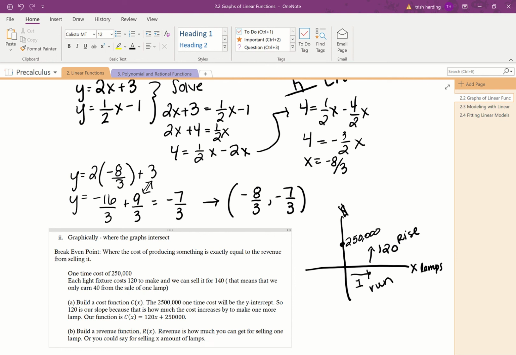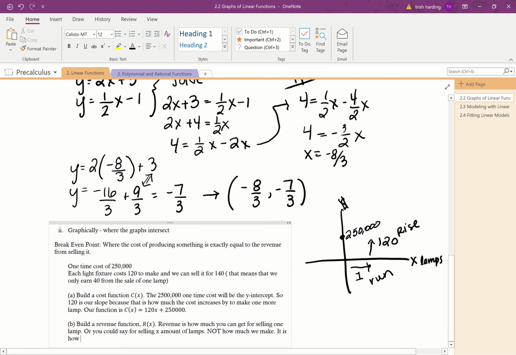So our revenue is not how much we make from selling that lamp. It's how much money they give us. It is how much a customer gives us.